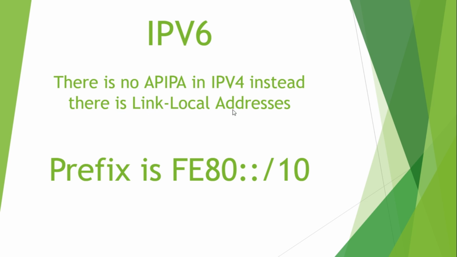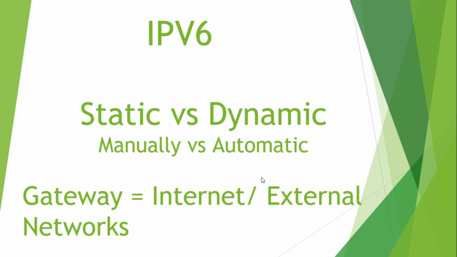So the link local address prefix for IPv version 6 is FE80::/10. Remember, APIPA is exclusively used for IPv version 4. IPv version 6 uses the prefix of FE80::/10.